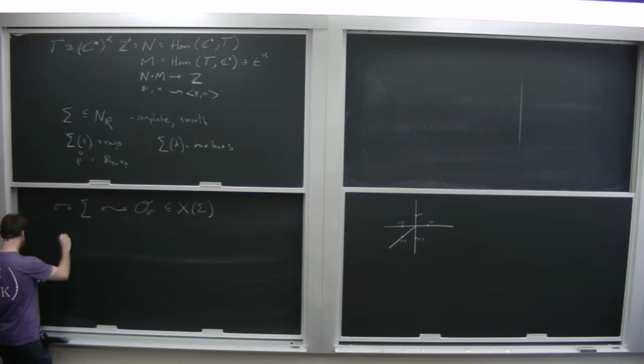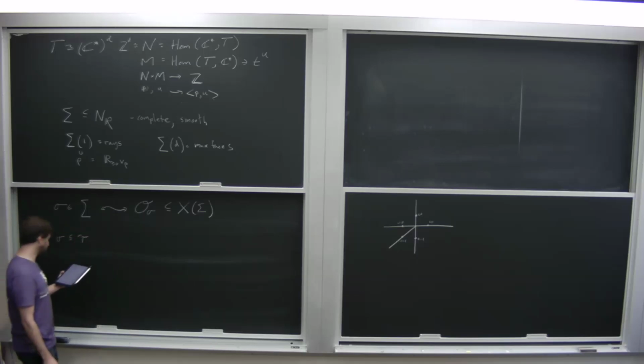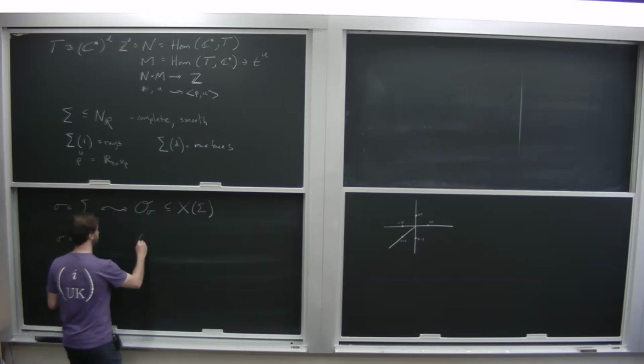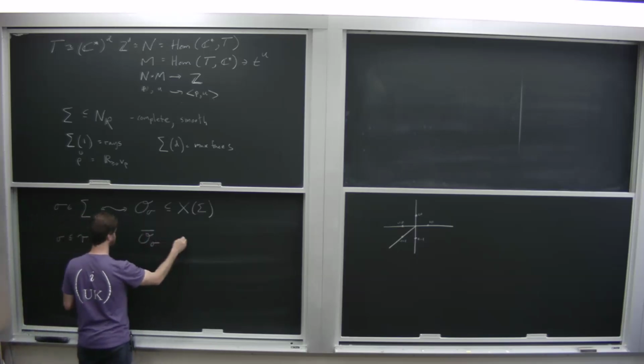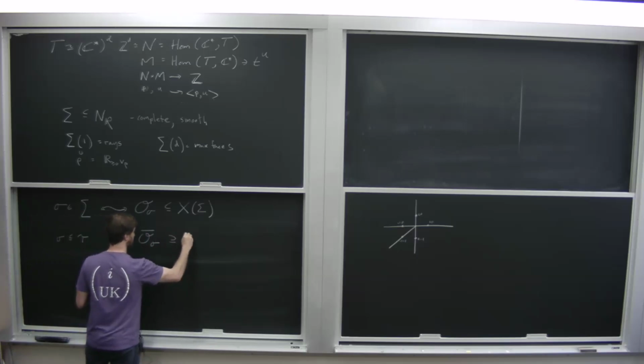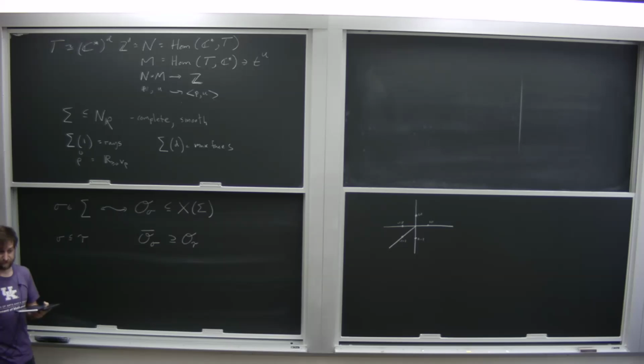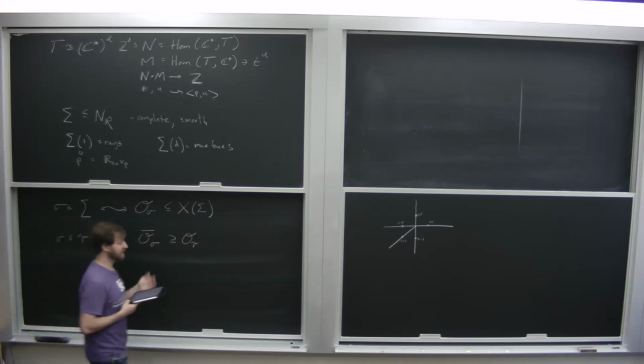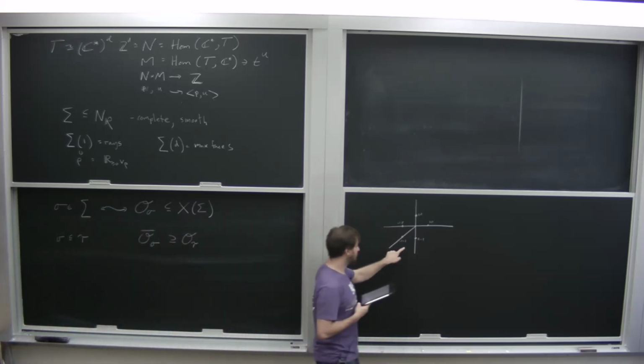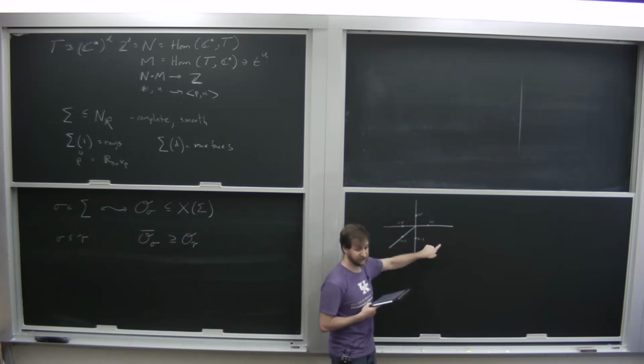So in particular, if one face is included in the boundary of another, this means that the closure of the smaller guy contains the orbit of the bigger guy. Right. So in particular, the maximal faces are the smallest possible orbits.